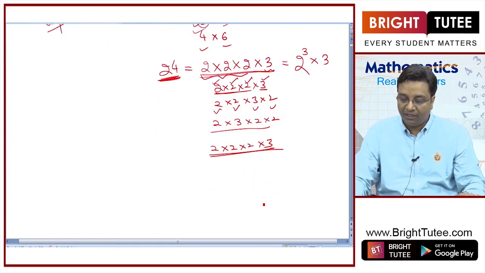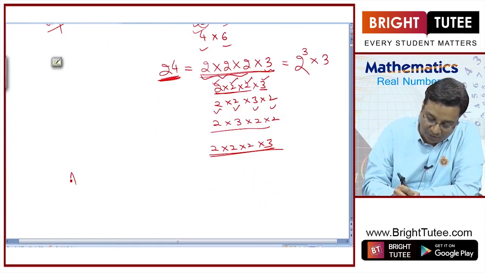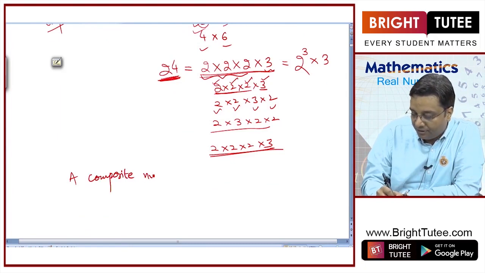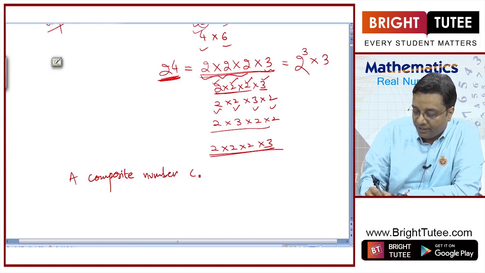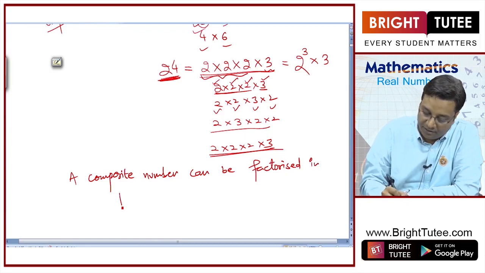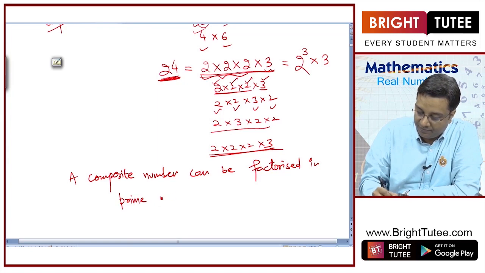So this is the fundamental theorem of arithmetic, that a composite number can be factorized in prime factors.